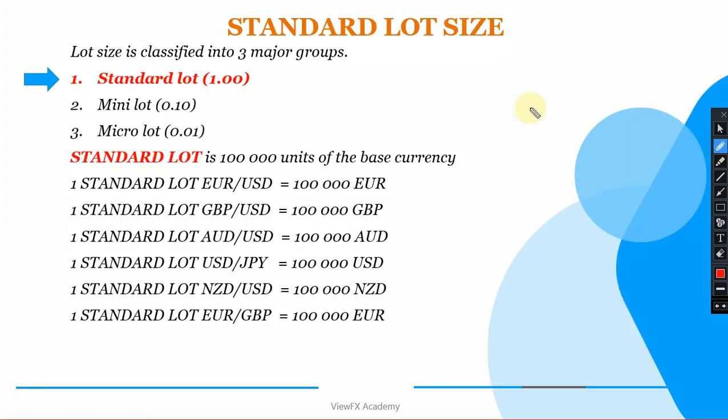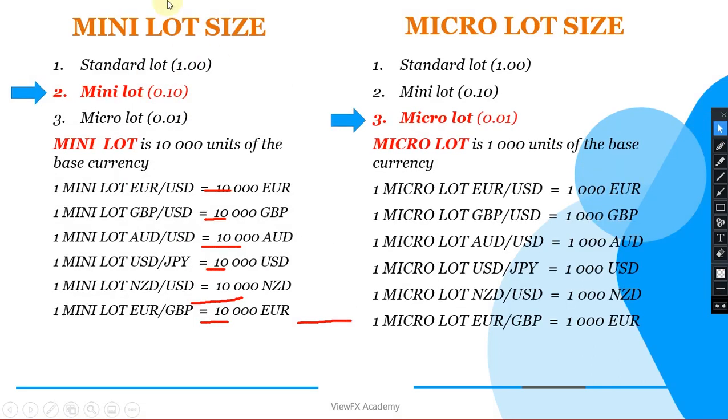Okay, still on the lot size, we've talked about standard. One standard lot means 100,000 units of euro, in this case the base currency, and for any other pair it is 100,000 of such base currency. So this is straightforward. That is for standard lot, which is 1.0. Then for mini lot, it is 0.10.